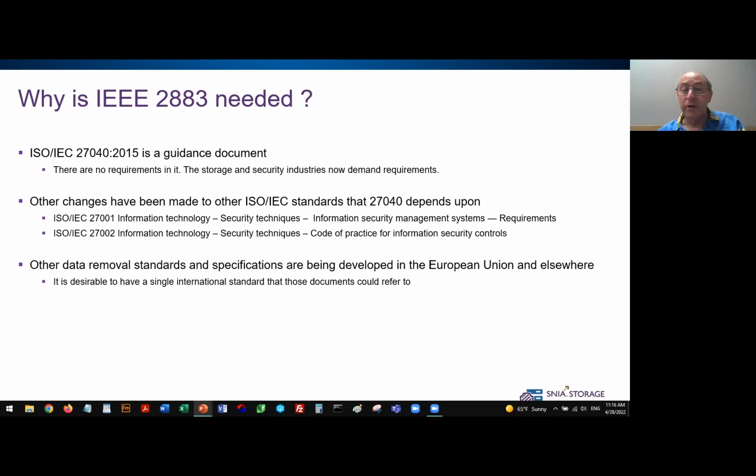This is not just storage security. This is IT security. It's physical security. It goes into great depths about everything in your organization. So these two standards are changing as we speak, and new certifications will be required by people in the very near future.